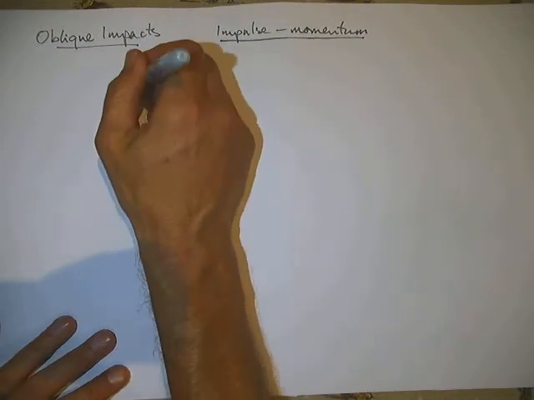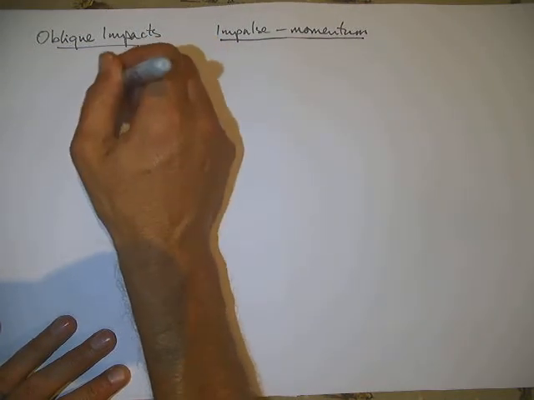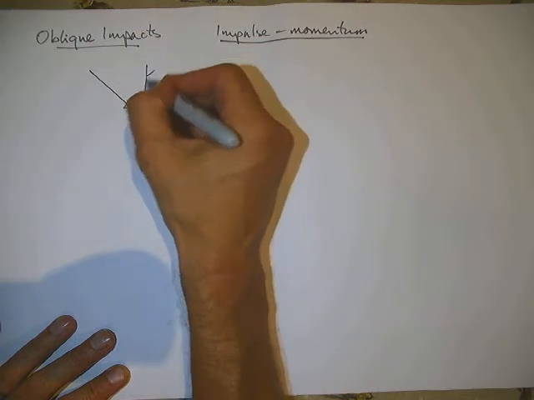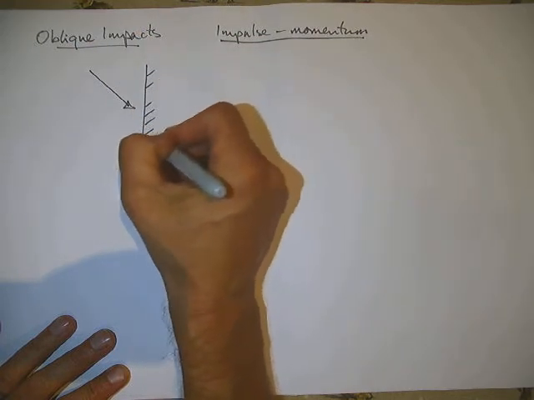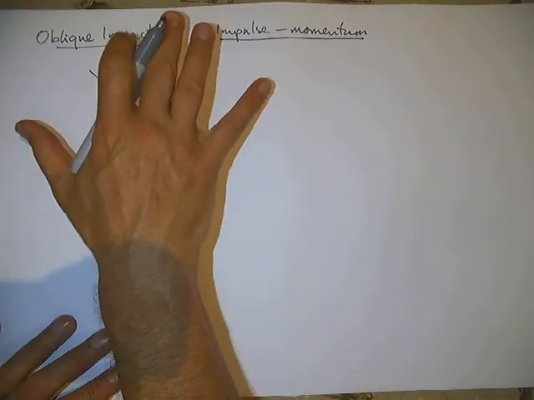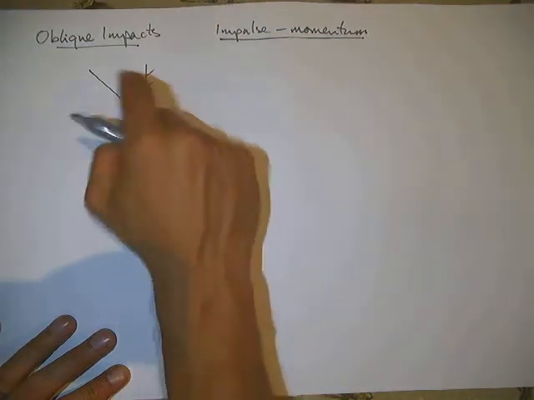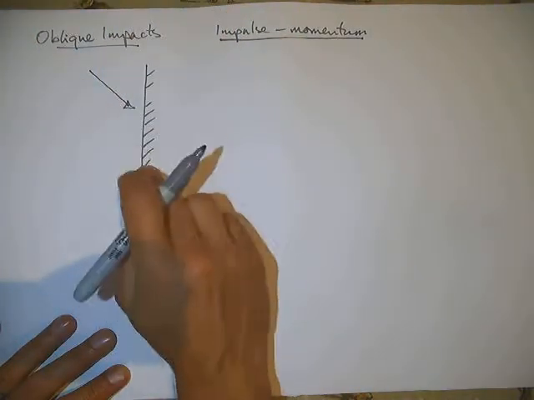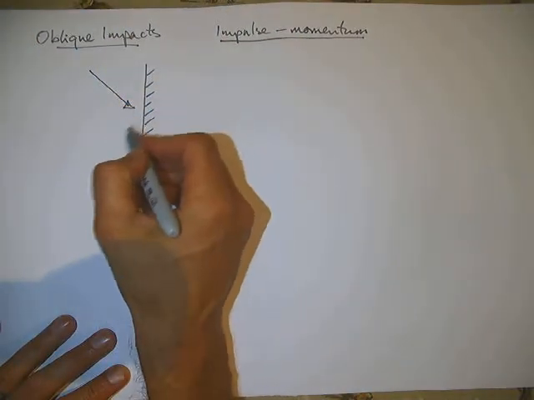The principle is simply this. If an object strikes a fixed surface, now imagine in this case we're looking down on something, so we're not considering something falling and gravity, so we're looking down on a wall or something.